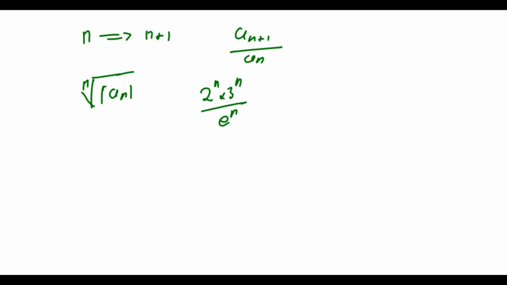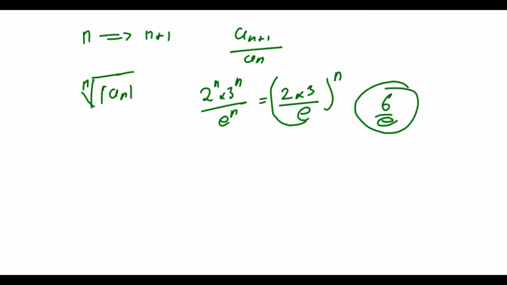This will help you cancel out this n, meaning this can be written as 2 multiplied by 3 divided by e, all to the power n. If you plug it here, that n is going to cancel out, meaning you just remain with 6 divided by e, which is your answer. So I'm not sure if what you were asking is related to what I've answered, but if it's a ratio test, where there's n, add n plus 1.